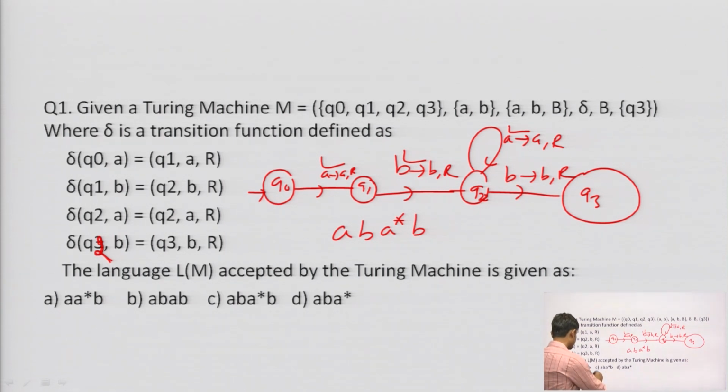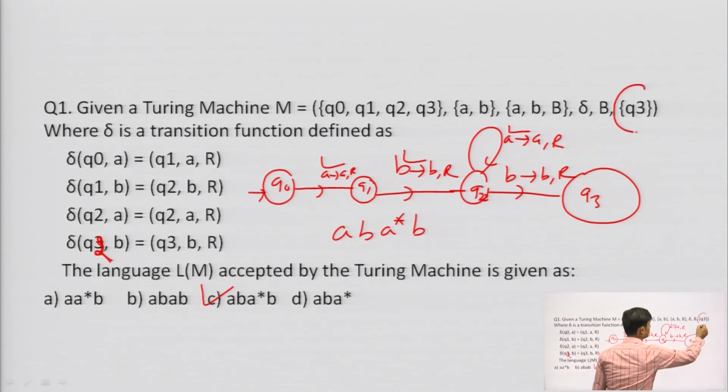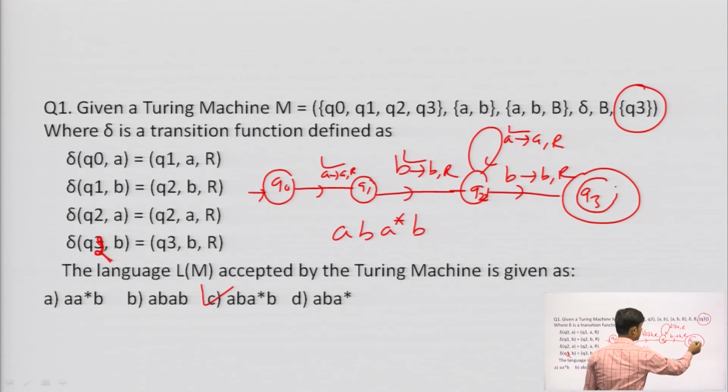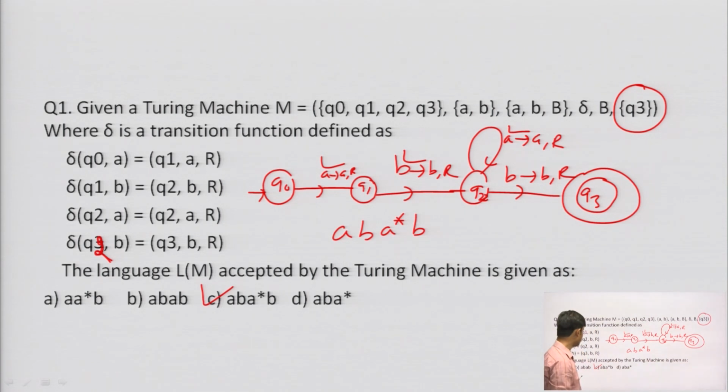So we can say option C is the right answer. Assume Q3 as a final state and Q0 as an initial state, as it is written here. So option C is the right answer.